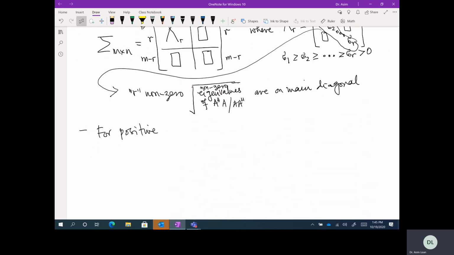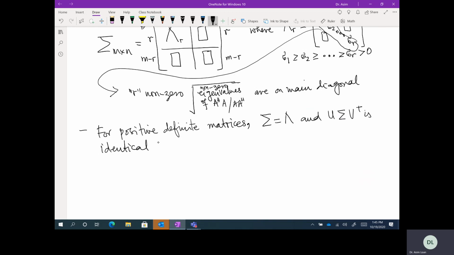So for positive definite matrices, sigma equals lambda, and U sigma V transpose is identical to Q lambda Q transpose.